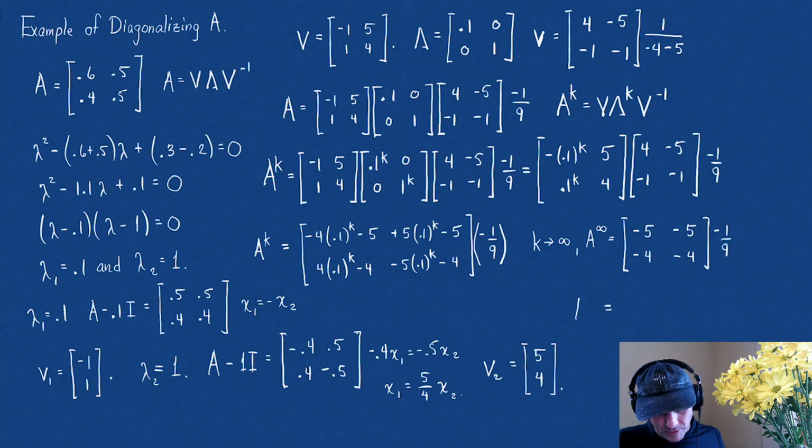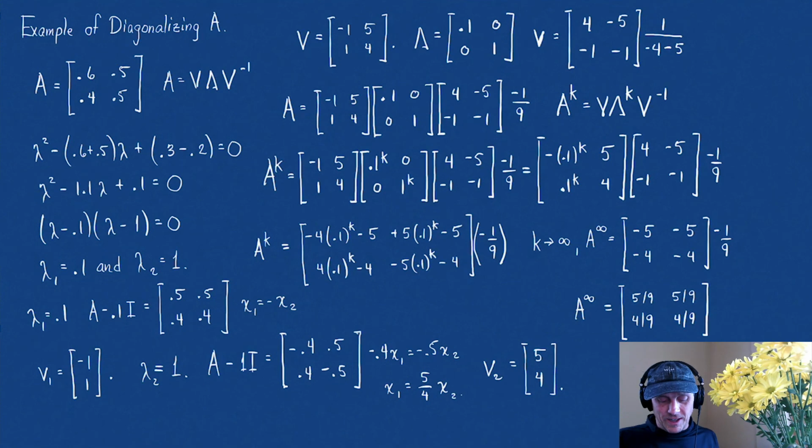My final step is A to the infinity is going to be [5/9, 4/9; 5/9, 4/9]. And there it is. Look at this again, a Markov matrix. As you progress, it reaches a steady state.